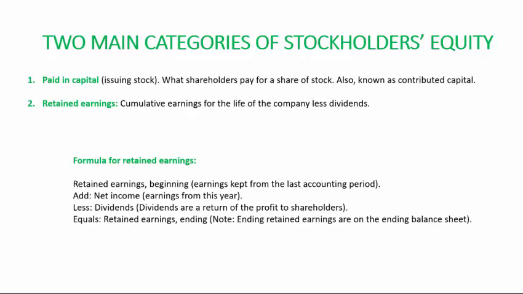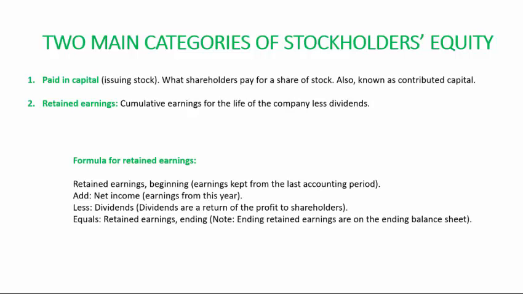So the two main categories of stockholders' equity are paid-in capital, and this is known as contributed capital. This is the amount that the stockholders have given in exchange for their shares of stock, be it cash or other valuable assets, and that makes up the contributed capital.